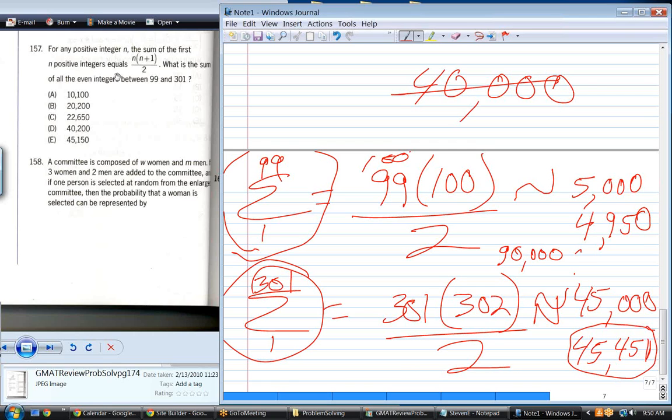For any positive integer n, the sum of the first n positive integers equals n times n plus 1 over 2. He was actually a famous mathematician. When he was 8 years old, his math teacher asked the class, what is the sum of the numbers from 1 to 100?